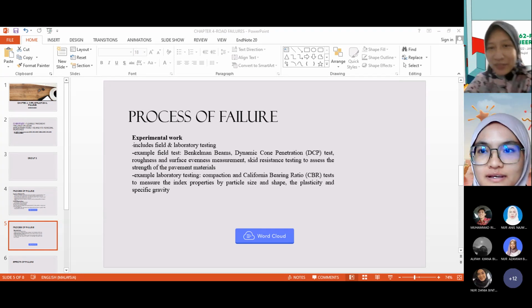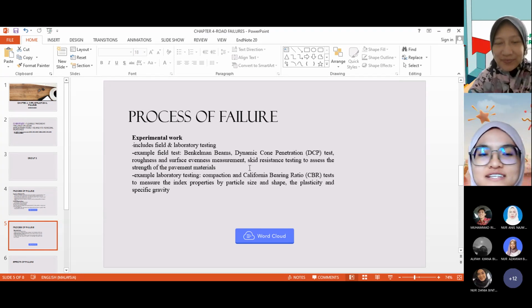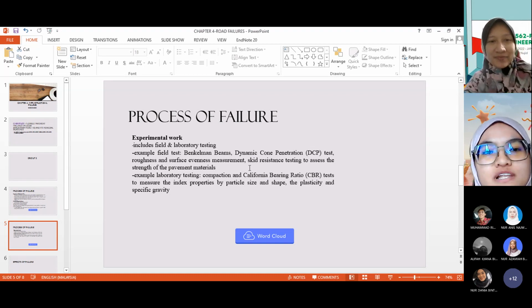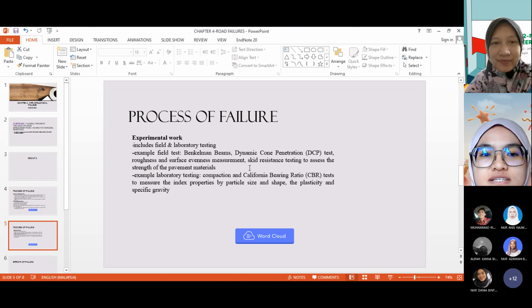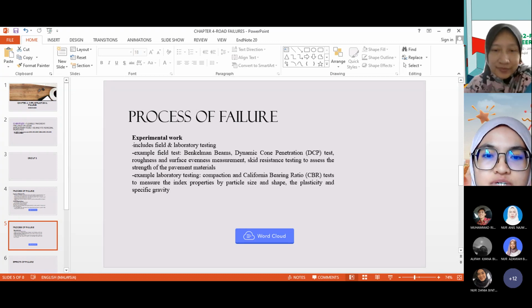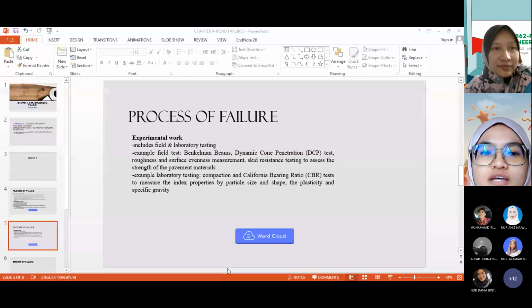Okay, sorry, please continue. Next is the experimental work. Experimental work includes field and laboratory testing. Example of the field test is the Benkelman beams, dynamic cone penetration, roughness and surface evenness measurements, skid resistance testing, and the field test is to assess the strength of the pavement materials.